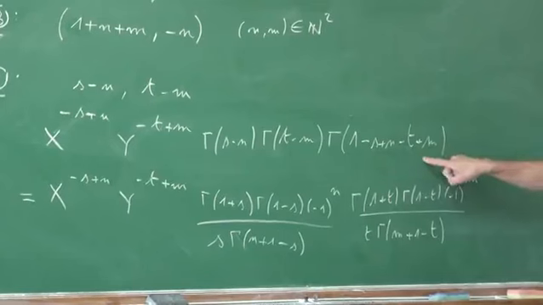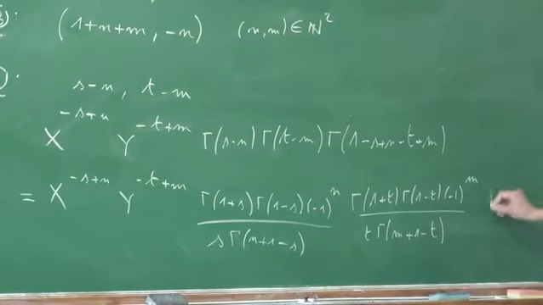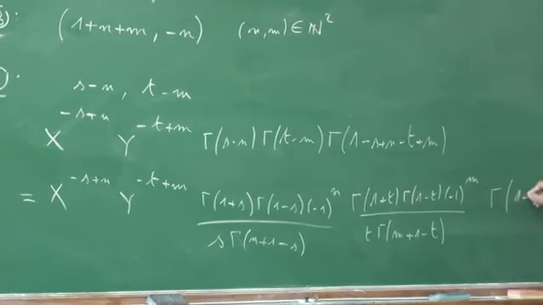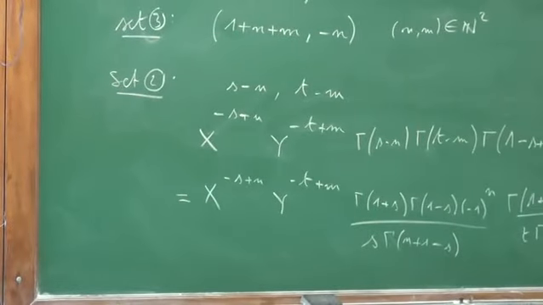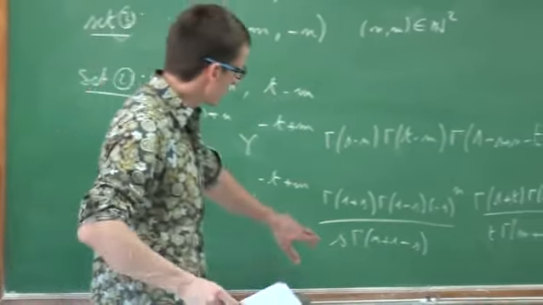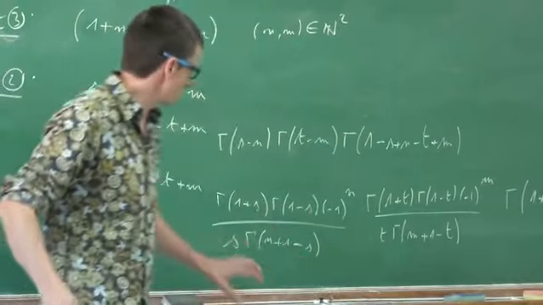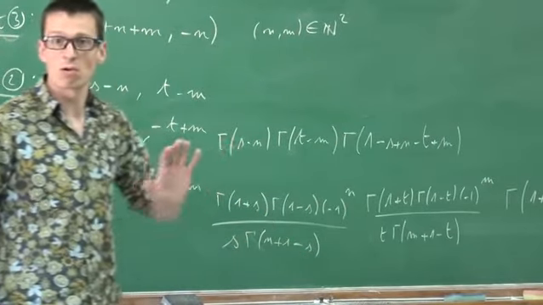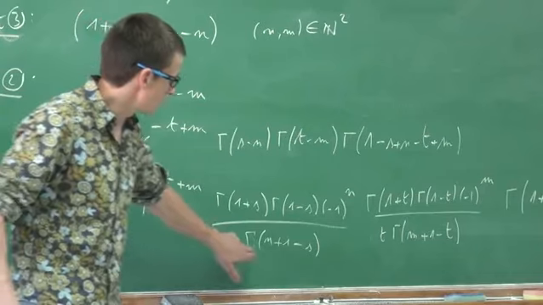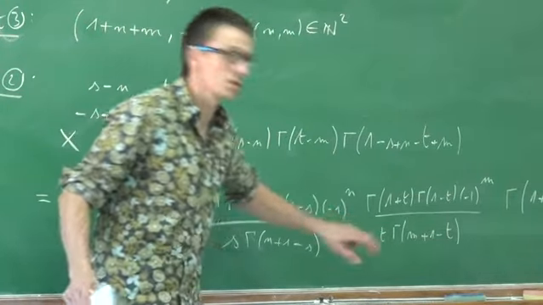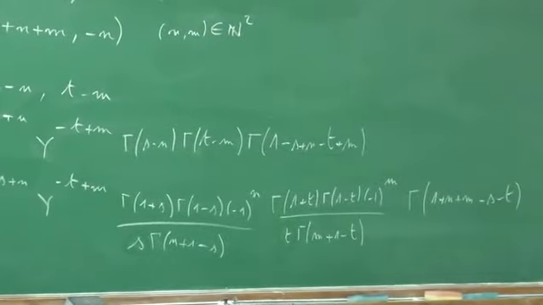And this one is non-singular; it stays like this: gamma of 1 minus s minus t. So you see that what we did here is to extract the singular structure, because none of the gamma functions now are singular. The singularities are here: 1 over s, 1 over t.